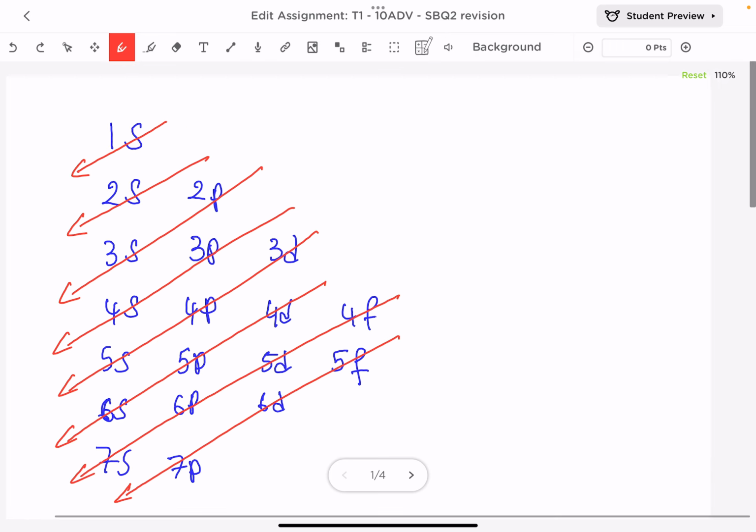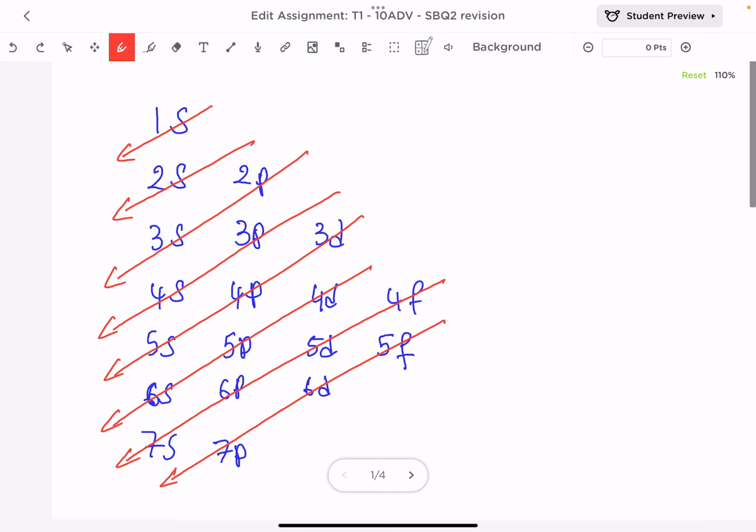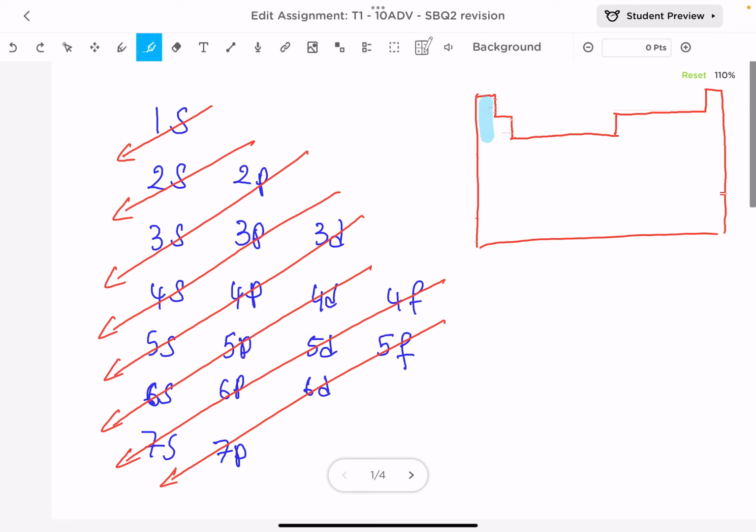Please note that in the periodic table, here's group 1 and group 2, and then again like this. So this area is for the s1, and this is s2. Now, when d starts, it's over here.